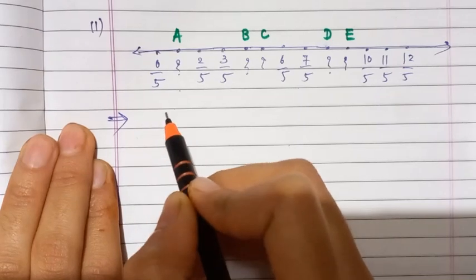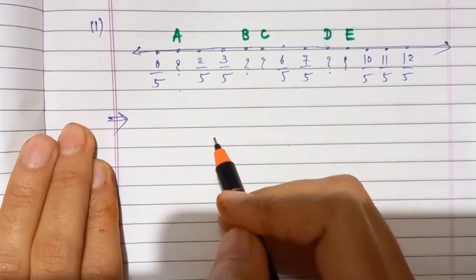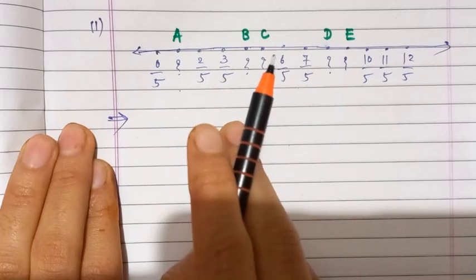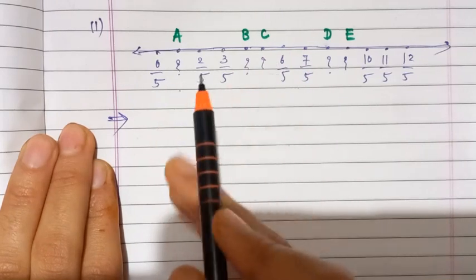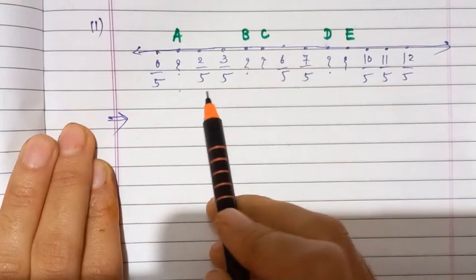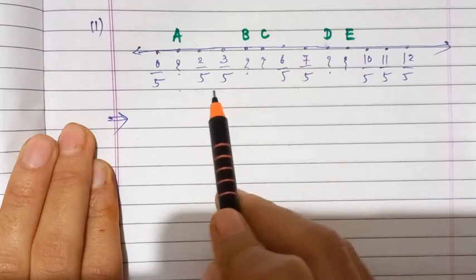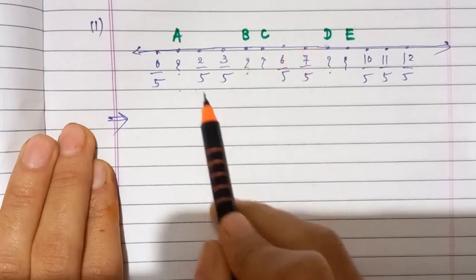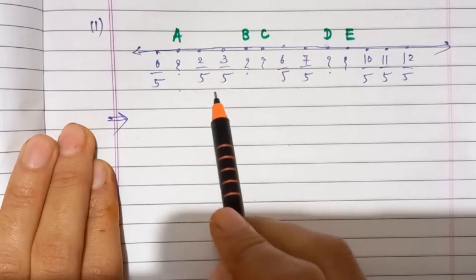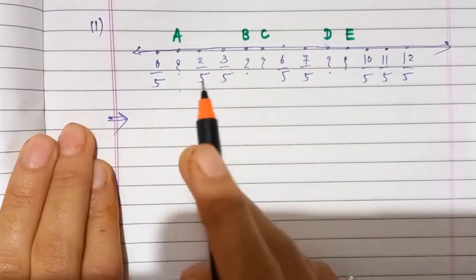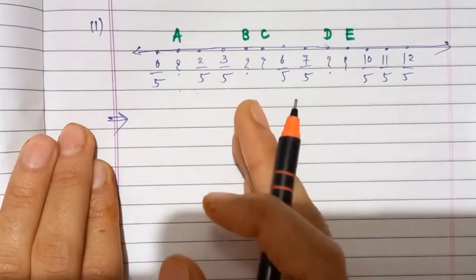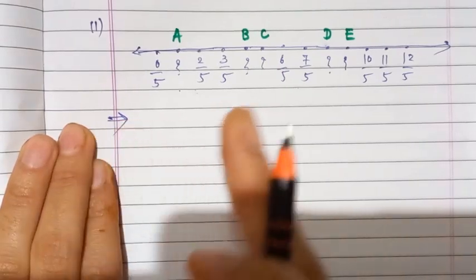So what should we do? If two numbers are written, then we can calculate. See here, two numbers are written, so we can calculate the difference between these two numbers. On a number line, numbers are always written with equal difference.